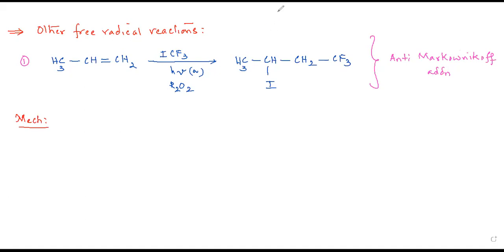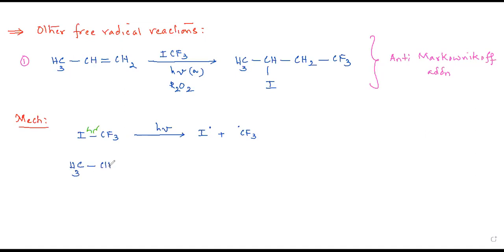Okay, see the mechanism. Now, when ICF3 is considered, in the presence of sunlight it undergoes homolytic fission to form iodine free radical and CF3 free radical.